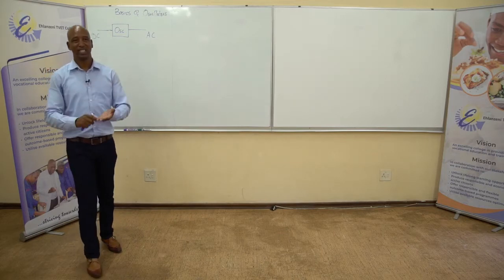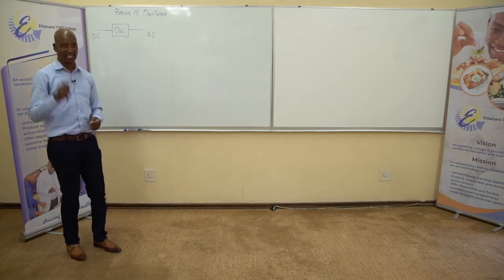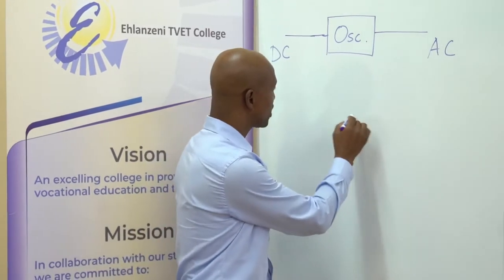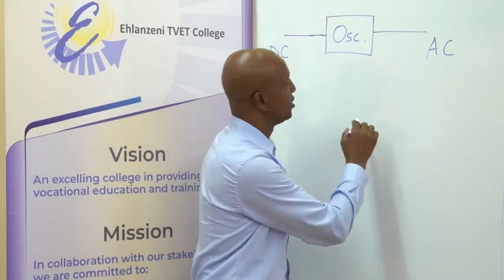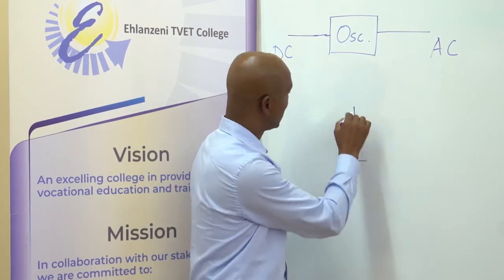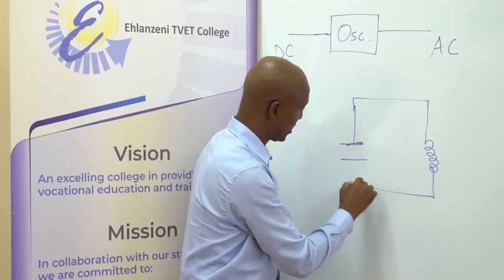For oscillation to occur, we need circuits that can generate oscillations. We call those circuits tank circuits. It's a simple connection of a capacitor and an inductor.